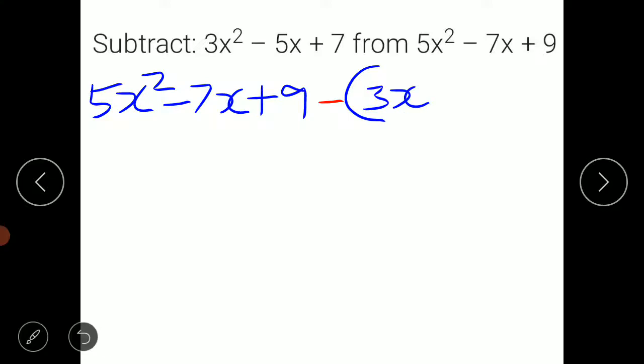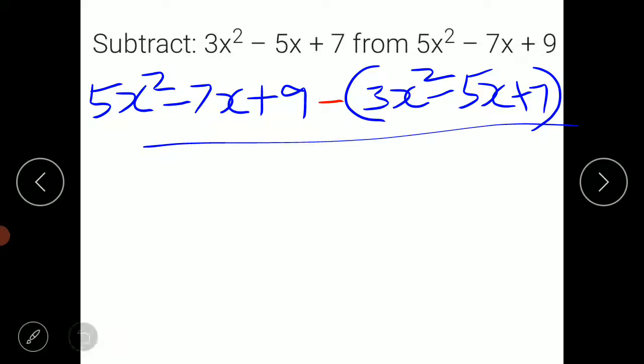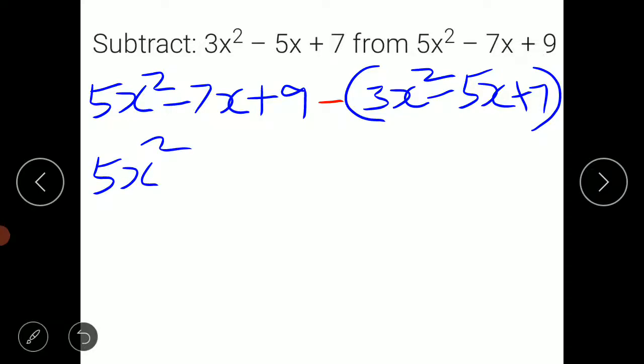3x square minus 5x plus 7. Okay, let's close the bracket. Now, as usual, we need to open the bracket. So 5x square minus 7x plus 9.